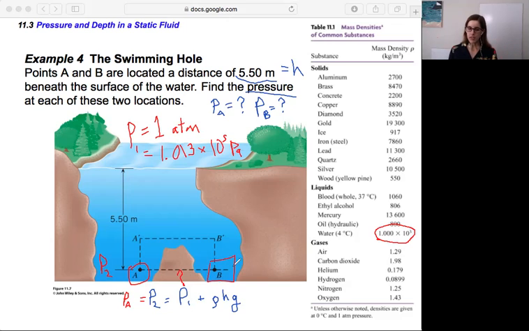So the fact that point B is at the same depth as point A tells us the pressure at point B is also going to have to be equal to the pressure at point A. Pressure B is equal to pressure A. The horizontal direction doesn't matter, just how far down you go. Now, it would make a difference if you try and swim up and there's no surface above you, right? You'd run into the rocks. So it's not that they're at the same point, but in terms of pressure, the pressure is the same.